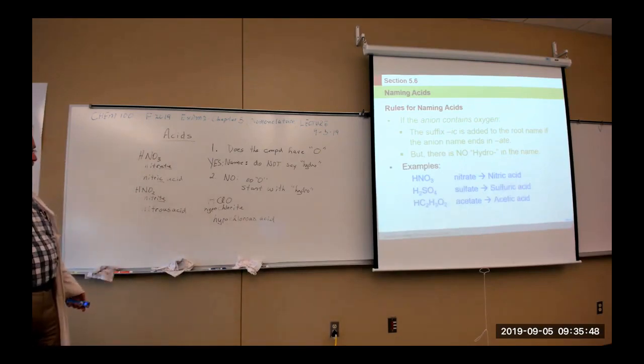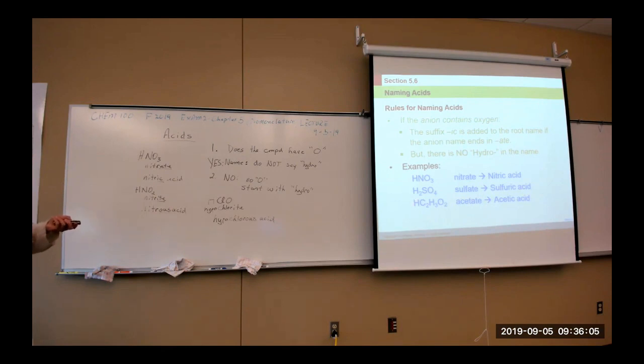Let's see. There's your acetic acid. One hydrogen here, and the acetate ion. Since there's oxygen, we don't say hydro. It's acetate, ate becomes ic, acetic acid. This is the only hydrogen that dissociates. These hydrogens are part of the polyatomic ion. Remember what I said about polyatomics? They're covalently bound.